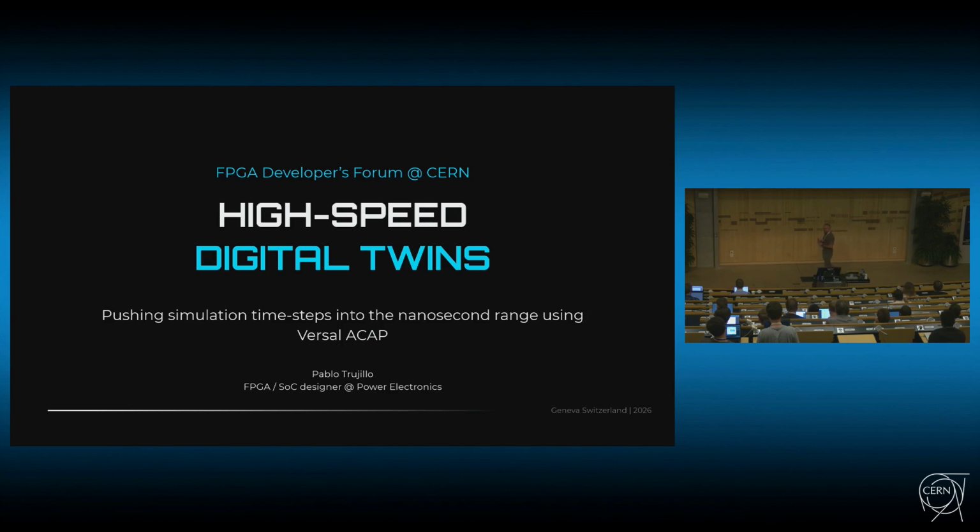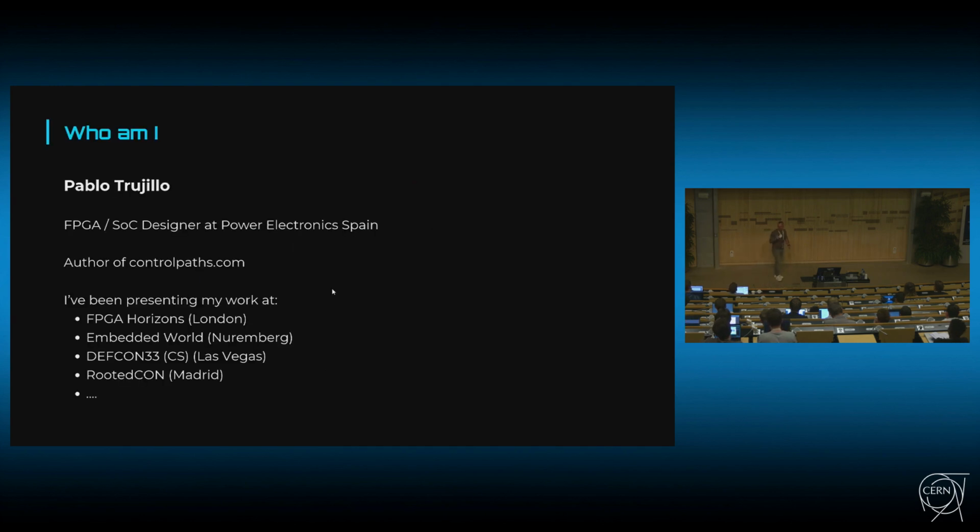However, what I want to show you today is how we can use the FPGA to simulate an external system, a different system. In particular, we're going to see how we can use the FPGA to simulate an electronic circuit, which can be a power electronic circuit, or essentially any system that can be represented by a set of mathematical equations, which is, I think, all the systems in the world. My presentation is done, so we can go ahead.